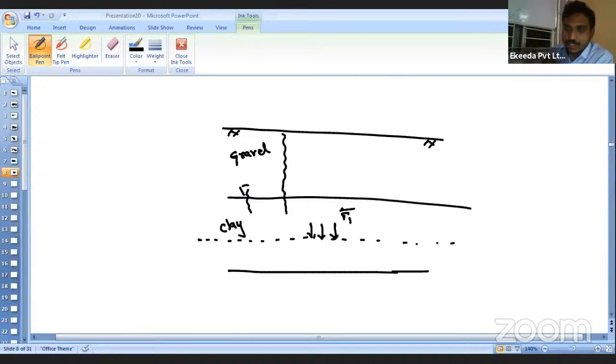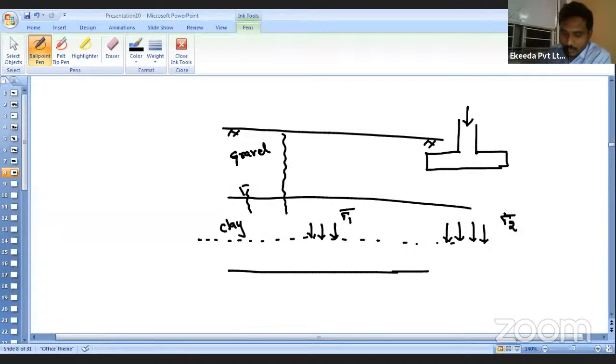Because of the soil weight itself, whatever stress is present, we call it sigma 1. Suppose I construct a footing or some structure here, definitely there will be some load resisted by the soil. Because of the load acting on the soil through the foundation, whatever stress is present at the center of the clay layer, we will call it sigma 2 bar.